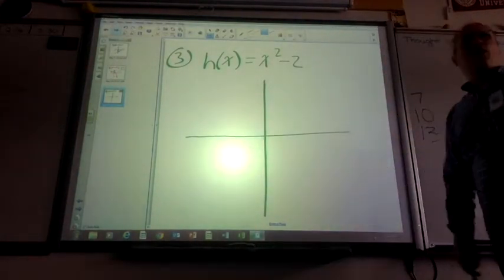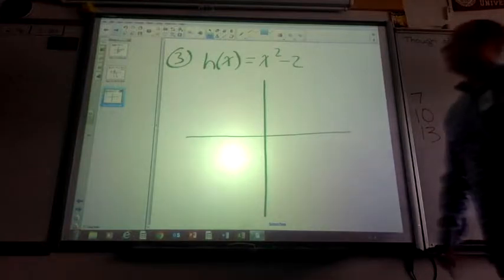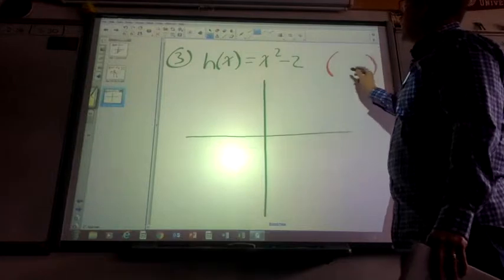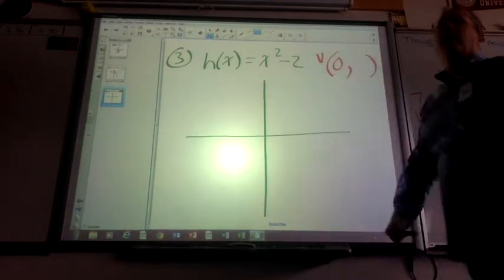Linear, quadratic, or exponential? No, it's quadratic. It's a parabola. Parabola is not exponential. Okay? Hey, I miss my b value up here. If I miss my b value, the x component of my vertex has to be 0, yes?